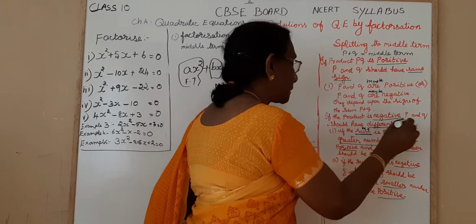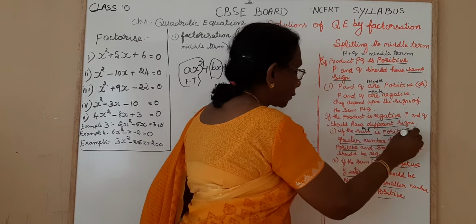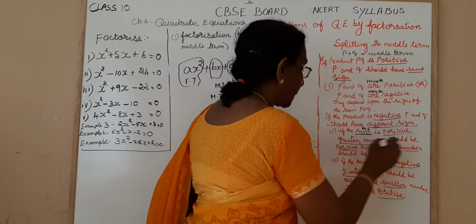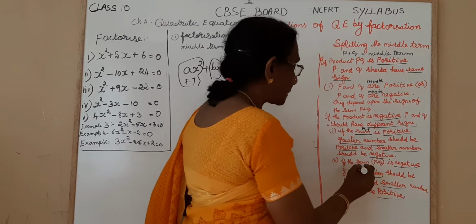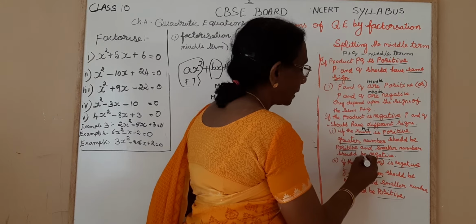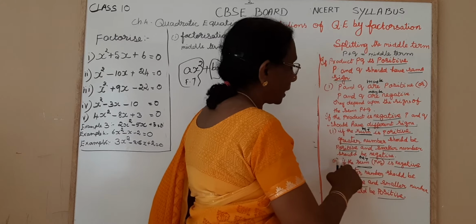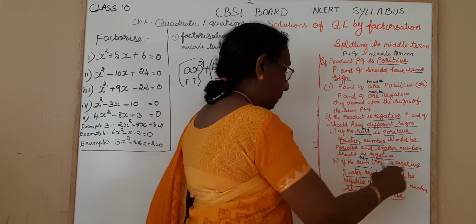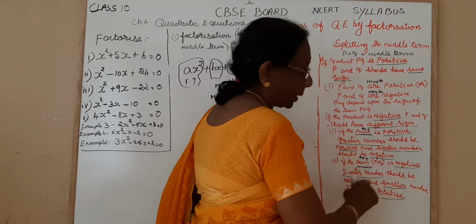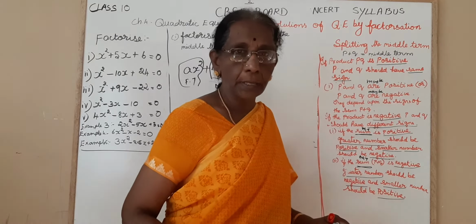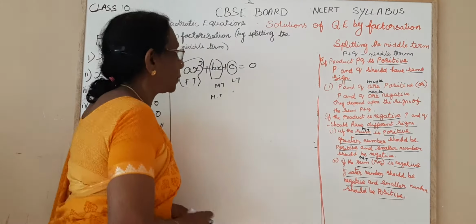If the middle term is positive, the greater number should be positive and the smaller number should be negative. In the same way, here also sum means the middle term. If the middle term is negative, then the greater number should be negative and the smaller number should be positive. Is it clear how to select the sign for P and Q?